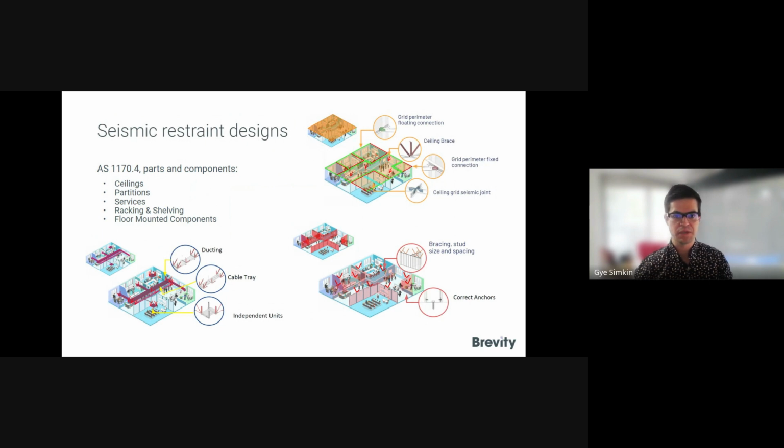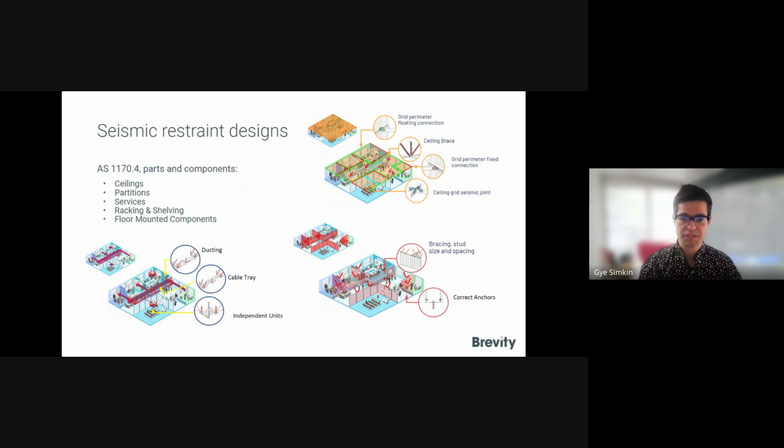So in an earthquake, about 70 to 80% of the total repair costs after an earthquake is due to the damage of non-structural elements. And so this is just to reiterate the importance of seismic restraints for your interiors. The non-structural failure of those elements accounts for, looking at previous earthquakes, about 60% of all injuries.